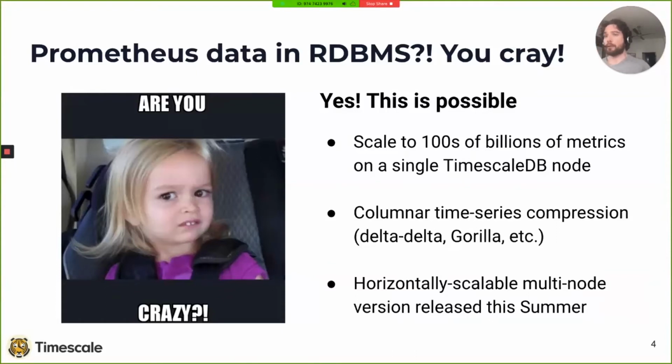But with TimescaleDB, you can indeed store time series data in Postgres and support the high ingest rates and volumes associated with Prometheus and metric data. In fact, we support hundreds of billions of metrics on a single box, have efficient time series compression, and this summer we will release a horizontally scalable version of the database.